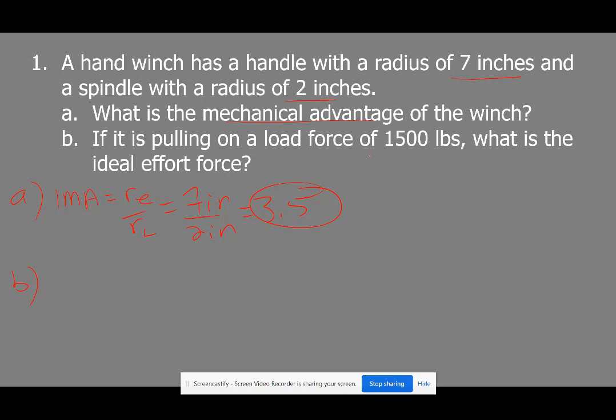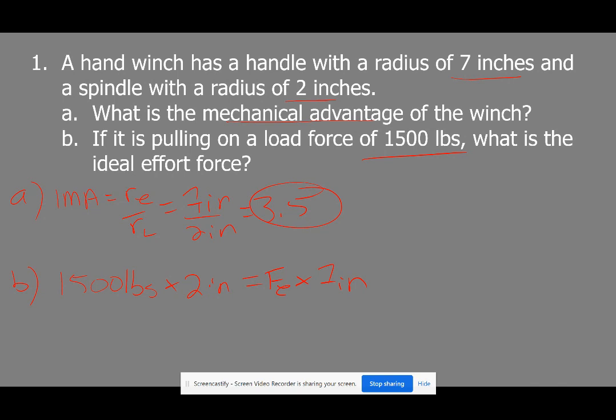Part B, if it's pulling a load force of 1,500 pounds, find the effort force. All right, so the formula is load force, 1,500 pounds, times the load radius, which is 2 inches, equals the effort force times the effort radius, which was 7 inches.